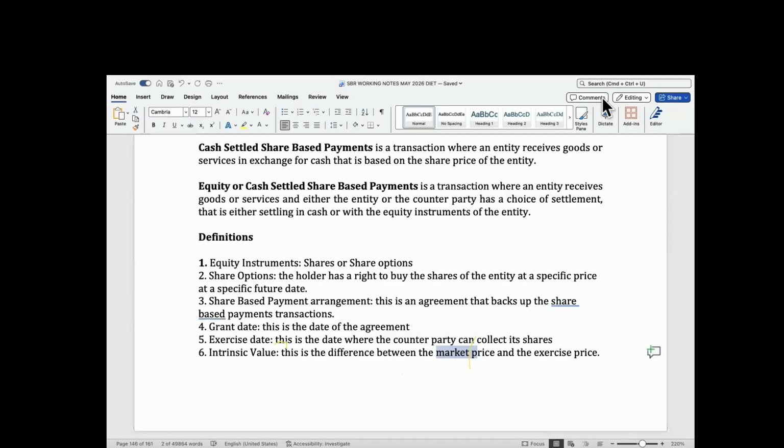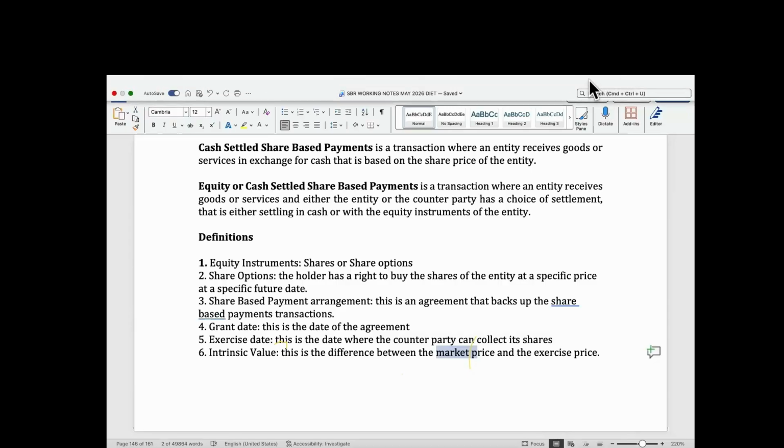And you find out that most of the companies that enter into this type of agreement are companies whose shares are valuable, that nobody will refuse them. People are really interested in having their shares. And that's why they can enter into this type of transaction.